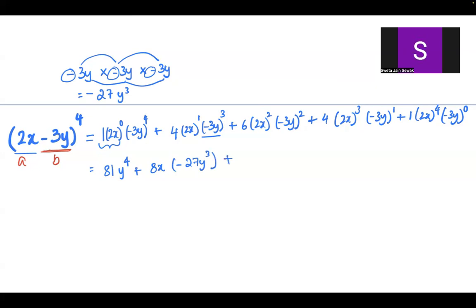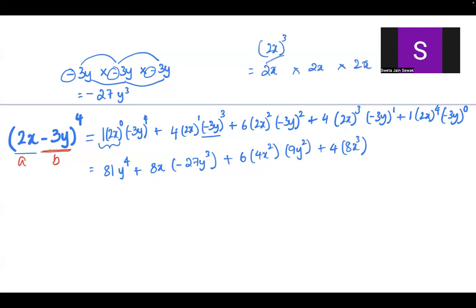Plus 6 times 2x squared is 4x squared, minus 3y squared is 9y squared, plus 4 multiplied with 2x cube is 8x cube. In case you do not realize, 2x cube means it is 2x multiplied with 2x multiplied with 2x.